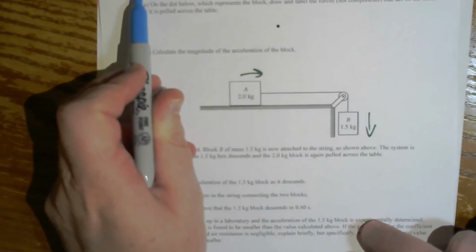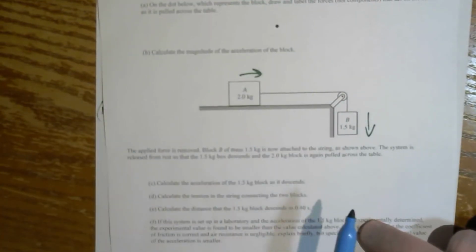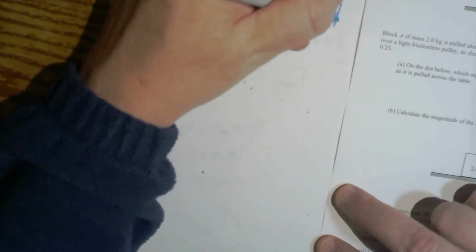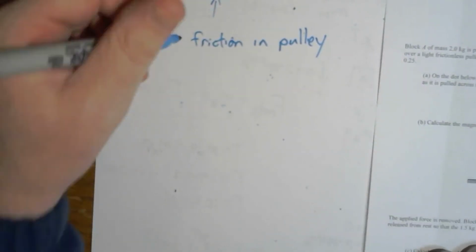It just says the light frictionless pulley for the original system, but in this new system, we don't really know that the pulley is frictionless. So that's one reason: friction in the pulley. Any added friction to the system will slow it down, and so the acceleration would be less.